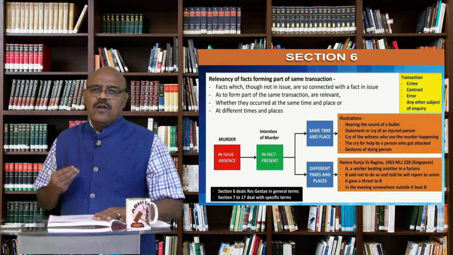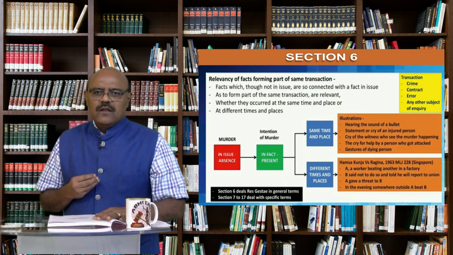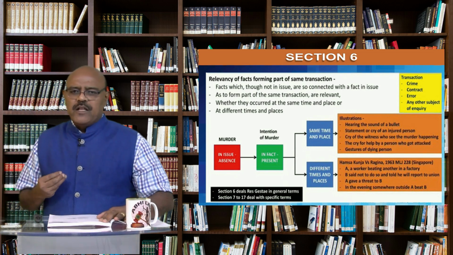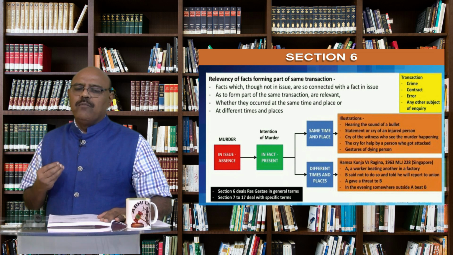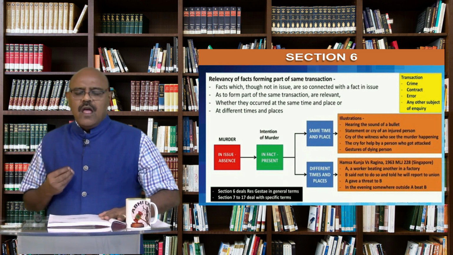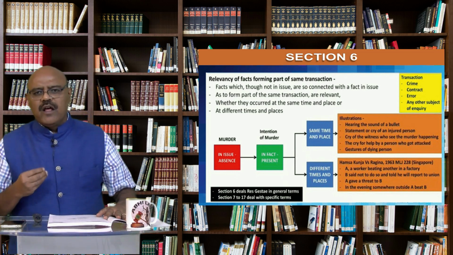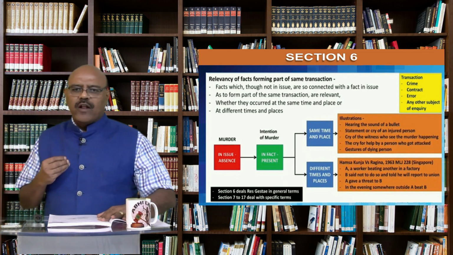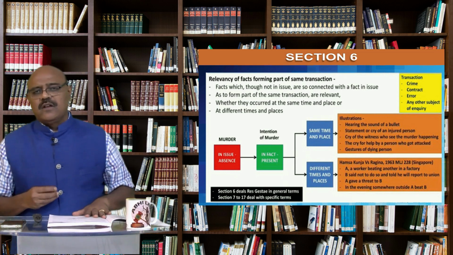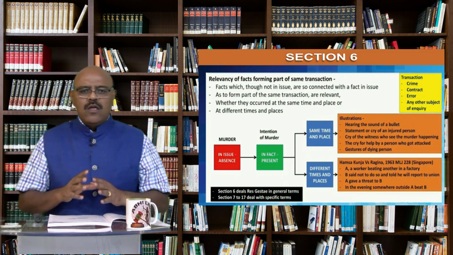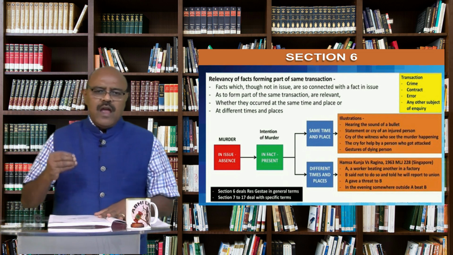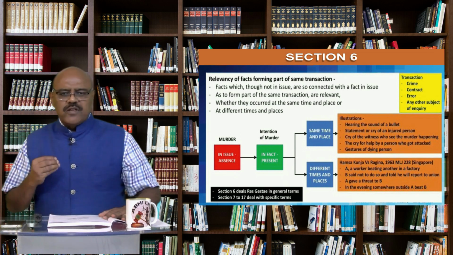We should talk about the same time and place, and different times and places. Examples are: hearing the sound of a bullet, the statement or cry of an injured person, the cry of a witness who sees the murder happening, the cry for help by a person who got attacked, and the gestures of a dying person. These are illustrations of the same transaction which happened at the same time and same place, and at different times and different places.